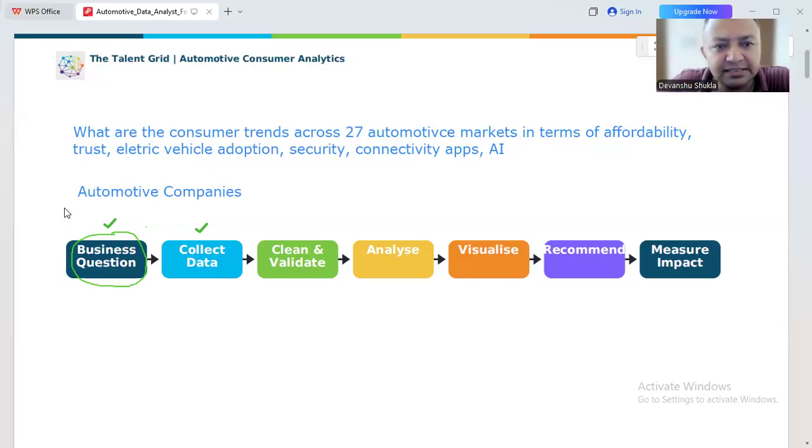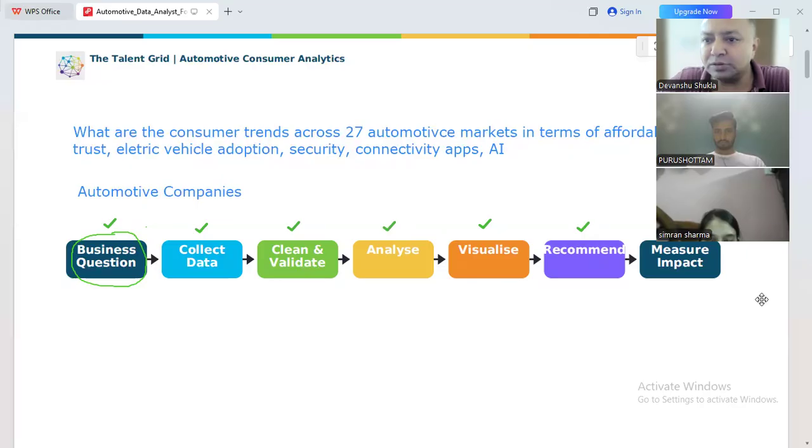Since we already have the data, we are going to clean and validate the data. We are going to analyze the data. We are going to visualize that data. We are going to make recommendations around that data. And then we are going to measure the impact of those actions which are done across these recommendations.